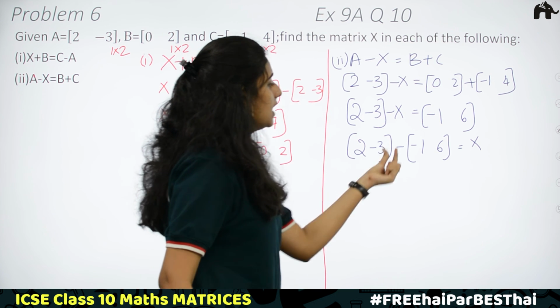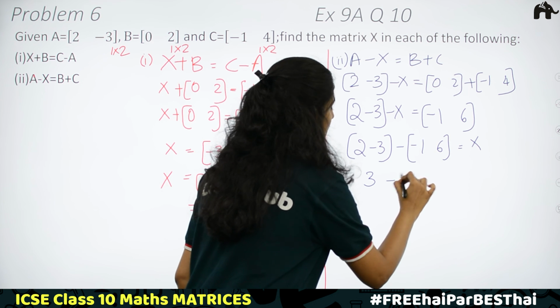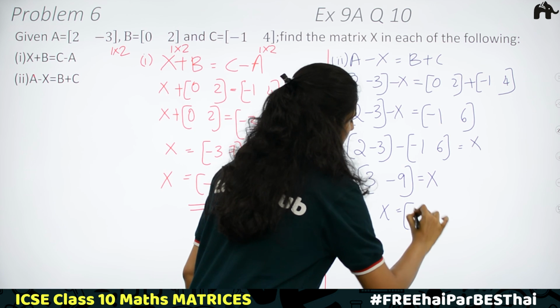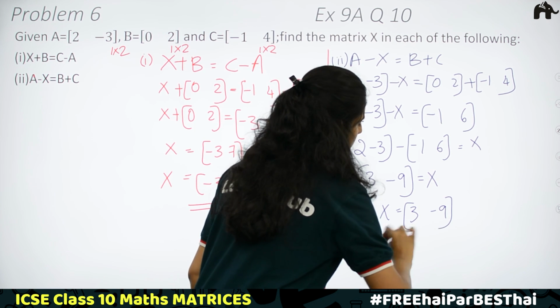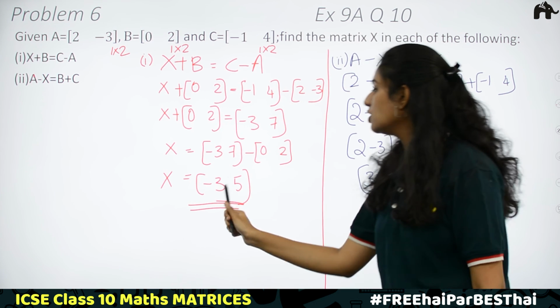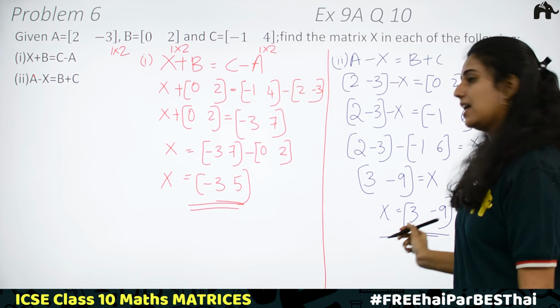Minus 3 minus 6 is minus 9. That is X. X is equal to [3, minus 9]. In the first question, we got X is equal to [minus 3, 5], and in the second question, X is [3, minus 9].